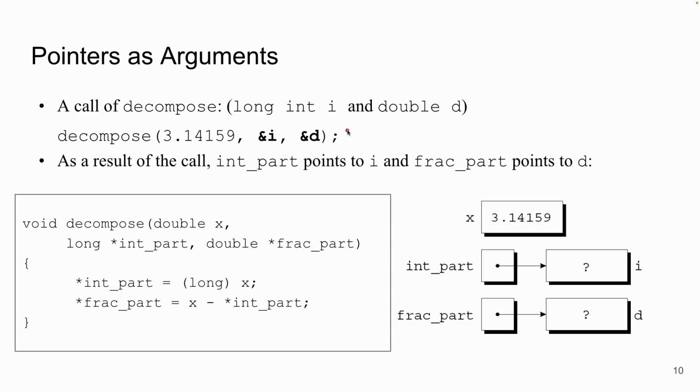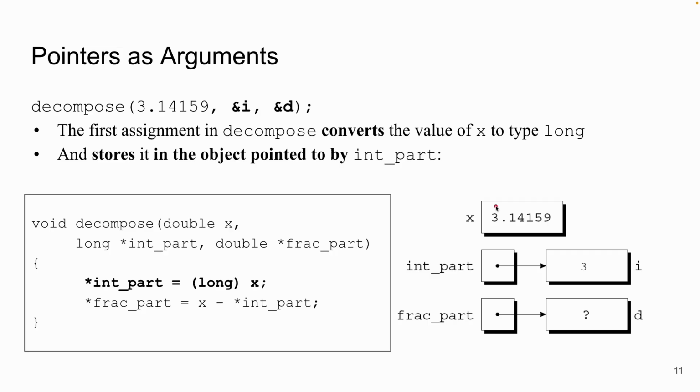And because the address of d is assigned to frac_part, so frac_part will point to the variable d. That is why this figure looks like this. And like we said, the value of pi, 3.14159, is assigned to x. So that is why inside x is stored this value here.